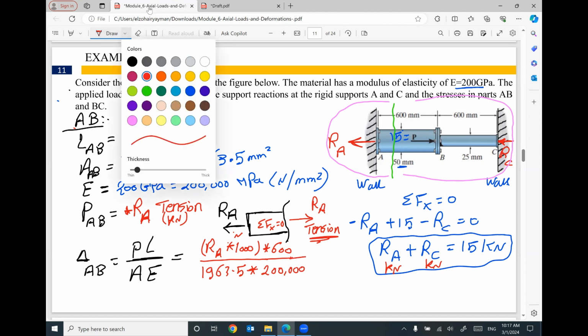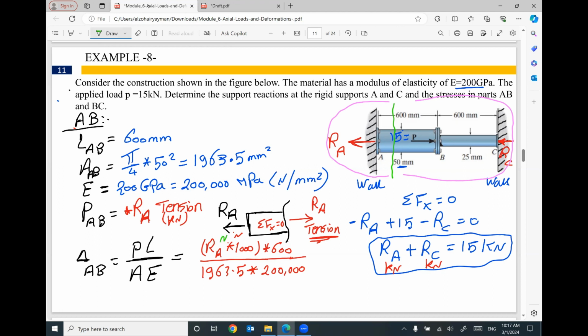Looks like your units are consistent. This one is in Newton, this one in millimeter, this one in millimeter squared, this one in Newton per millimeter squared. So everything is in millimeter and Newton. I can tell you what is the expected axial deformation in this part. It will be a function of reaction RA.